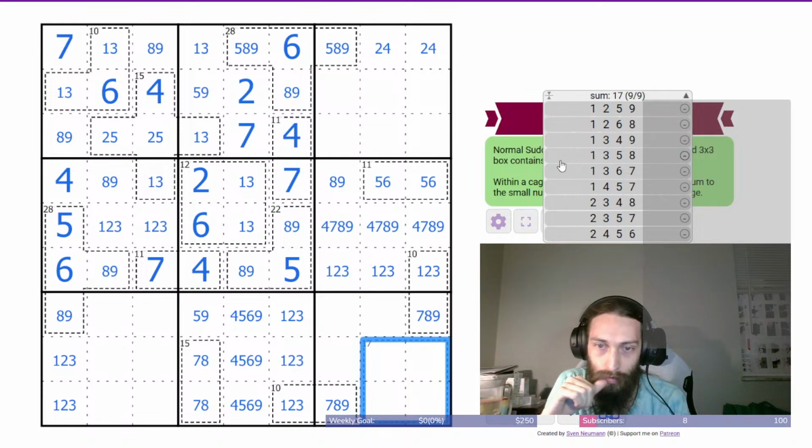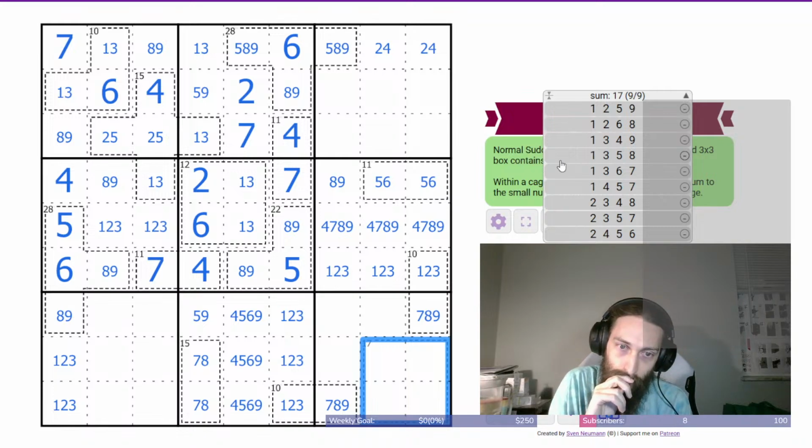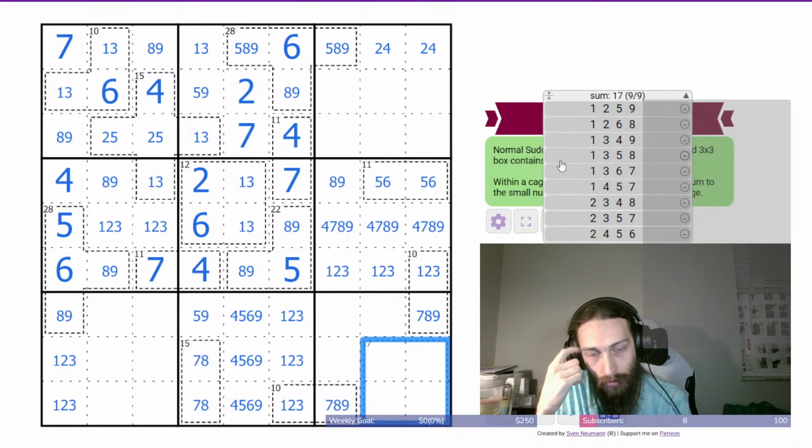Has to have one from 6 through 9. Look, they have more than one. Although only has 6 and 7.